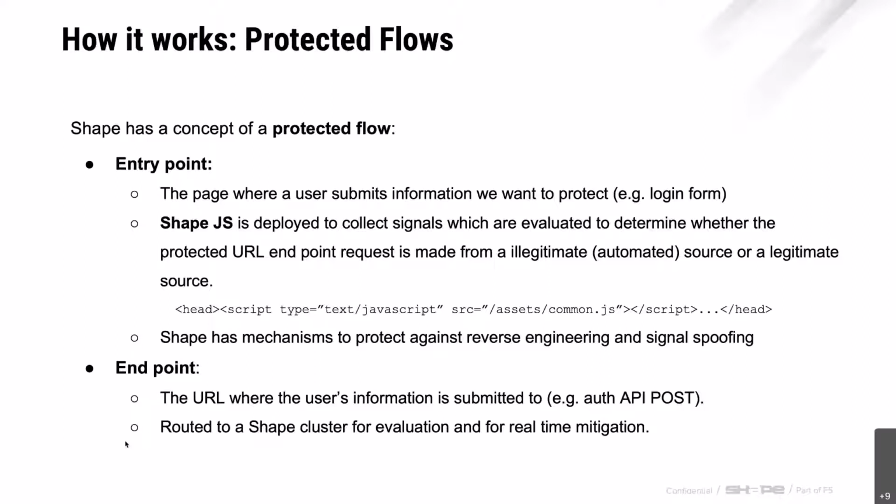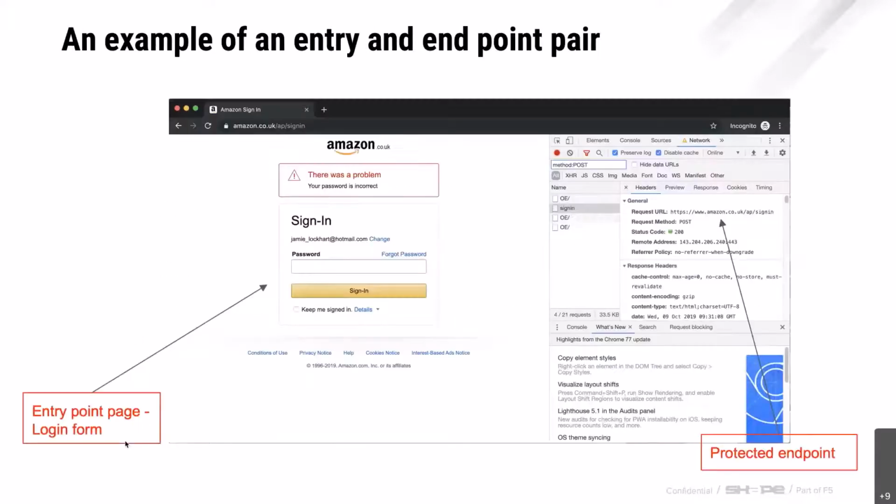We wouldn't typically be placed in front of a website homepage, for instance. There's very little point in protecting a homepage. You want to protect areas of the site which are important to the users and to you as a data controller, if you like.